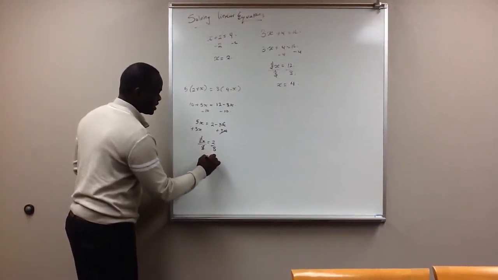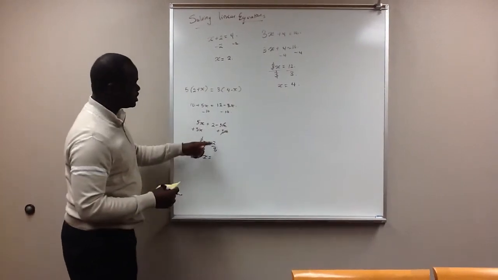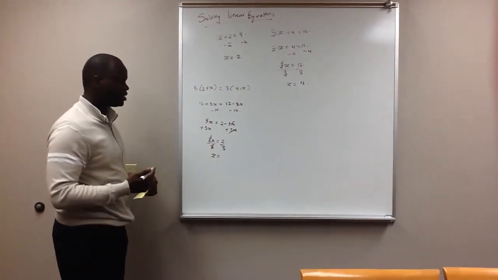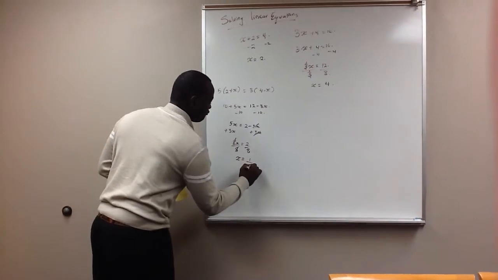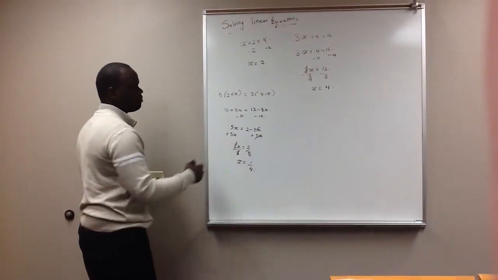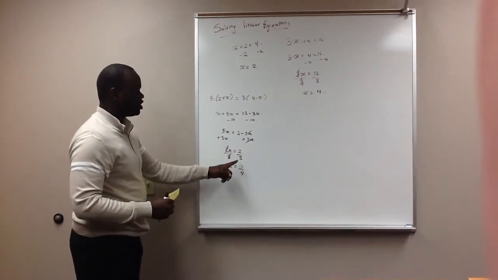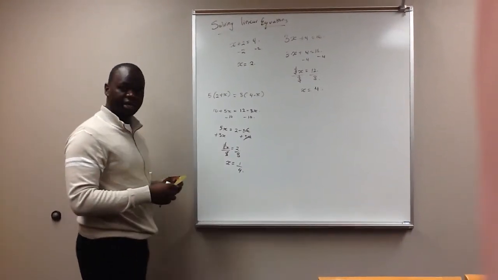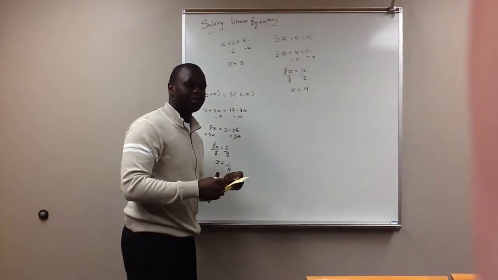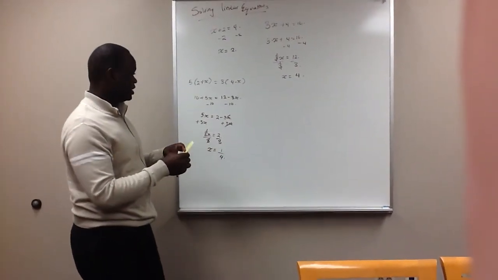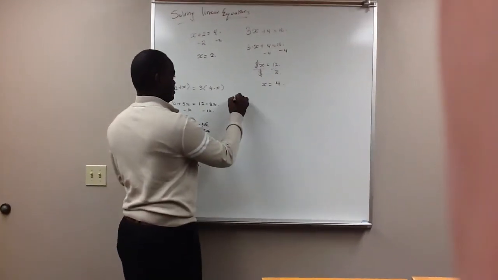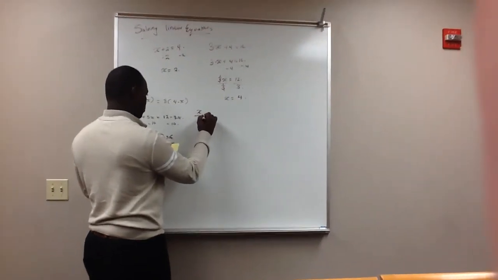So this becomes x equals 2 over 8, which simplifies to 1 over 4. Divide here by 2, divide here by 2, you get 1 and 4. And to do my last problem for today, a little bit more complicated than what we have seen.